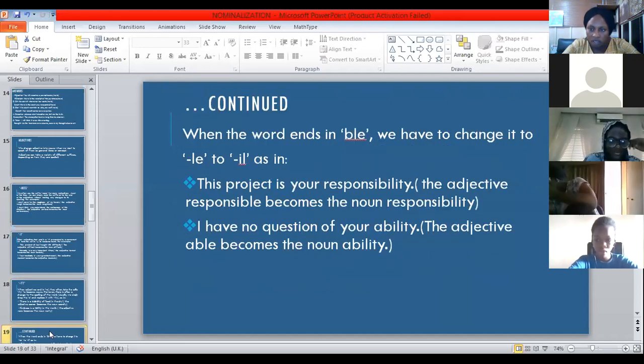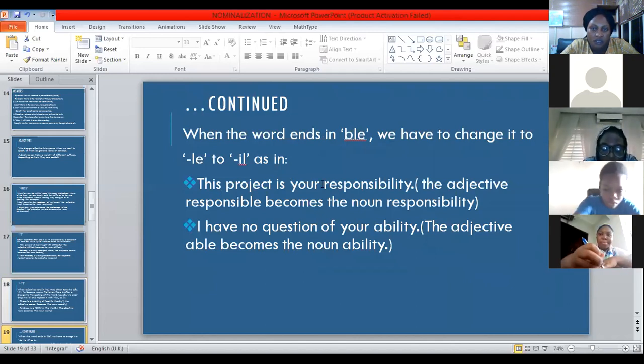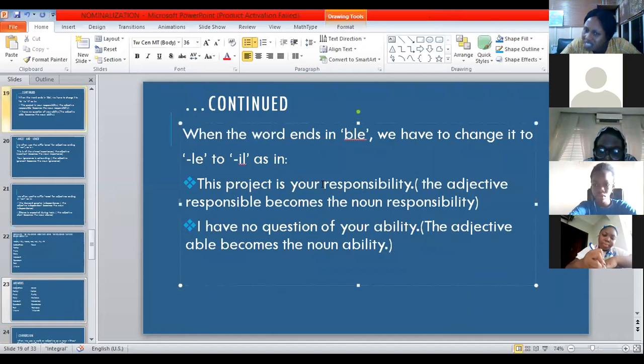Now let's move ahead. When the word ends with ble, we have to change it to ility, as in, for example, look at the screen, please. This project is your responsibility. The adjective responsible becomes the noun responsibility.